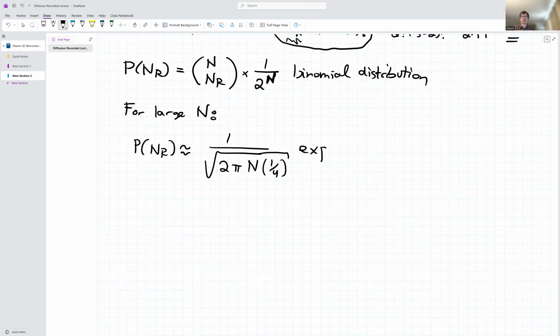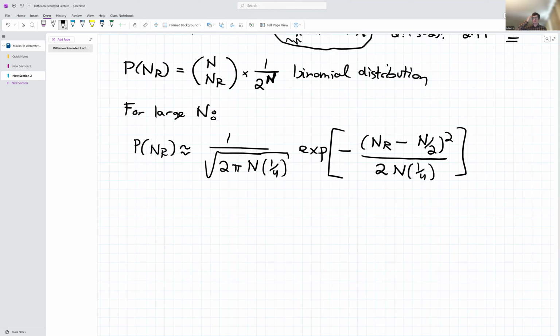And then it's the exponential of negative our x variable, the variable of interest, which is n sub r minus the average value, which is just n over 2, squared. And then on the bottom, we have twice the variance, which is 2 times n times a quarter.